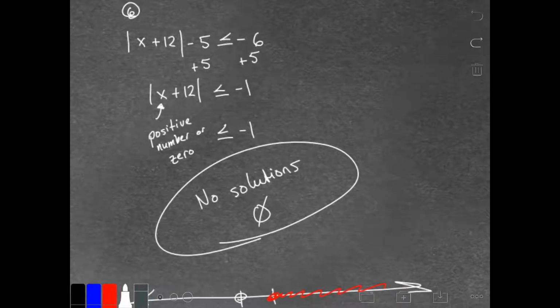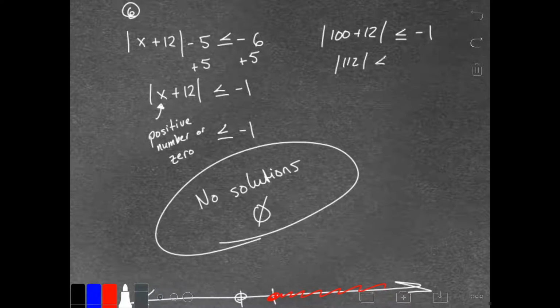And again, if you're not sure, go ahead and plug in a number. How about 100 again? 100 plus 12, less than or equal to negative 1. The absolute value of 112 is 112. Is 112 less than or equal to negative 1? No, that is false. Let's plug in negative 100.